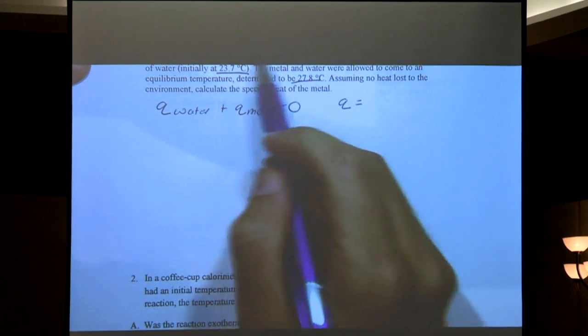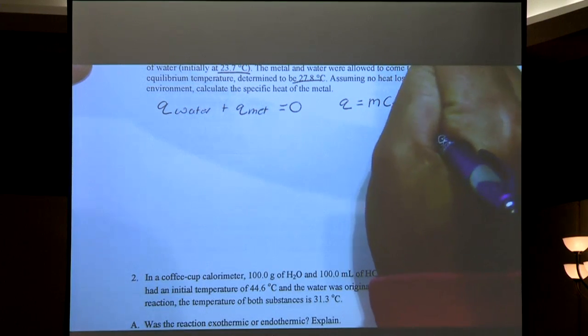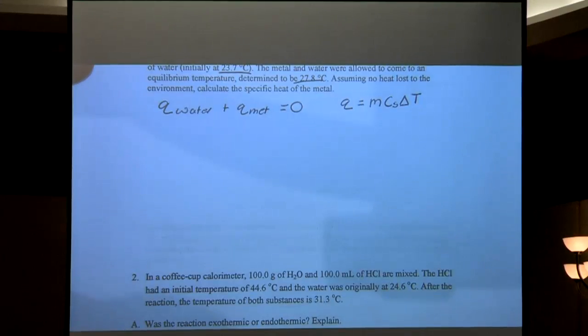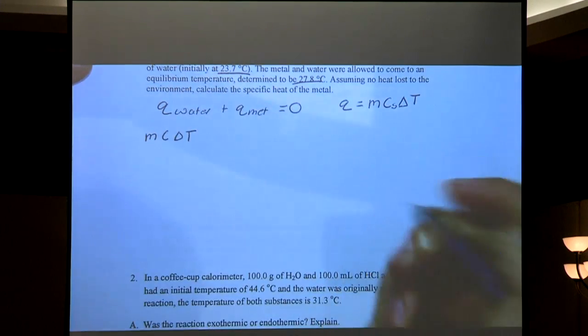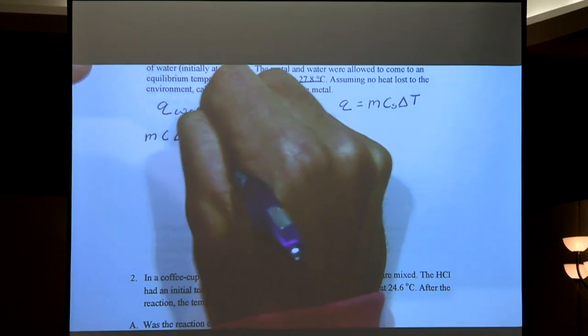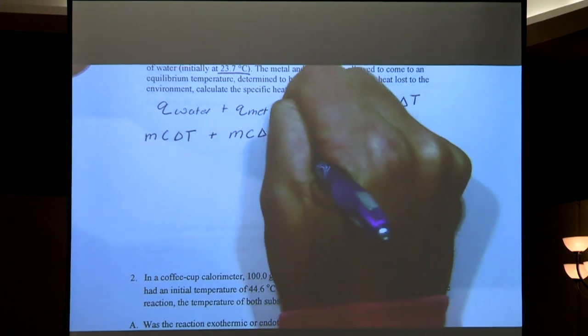We have an M, we have a Cs, and we have a delta T. So what is it? MCΔT. So we have MCΔT for the water, and MCΔT for the metal equals 0.